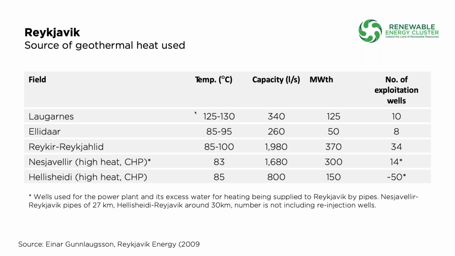Here there is excess water from after it has been used to generate electricity. And the overall number of wells for these 2 plants is around 65 to 70. Naturally, in that context of district heating, this is also providing a power plant.